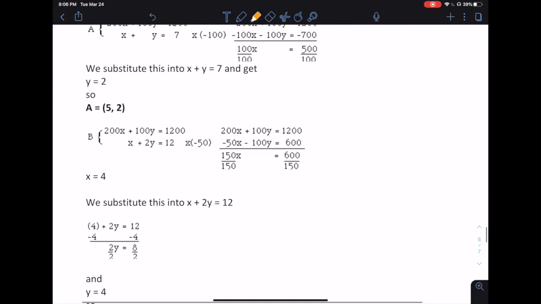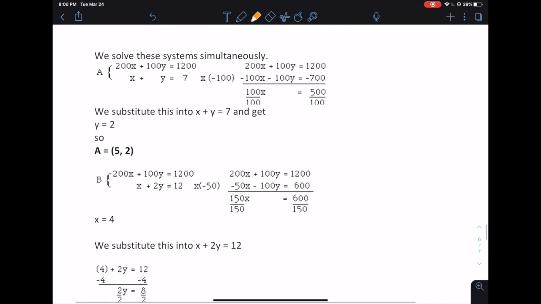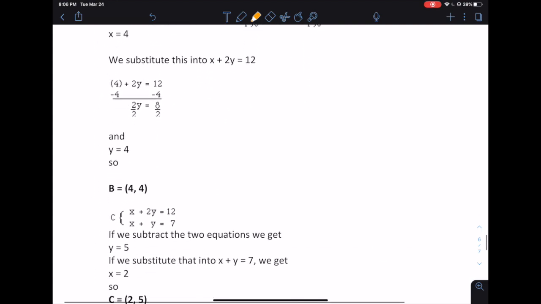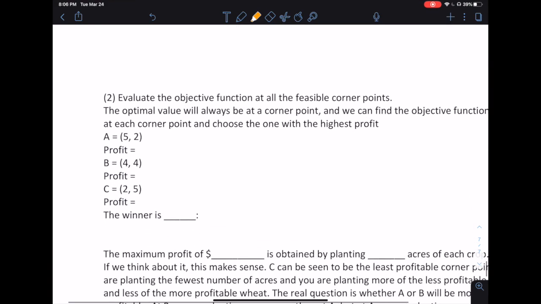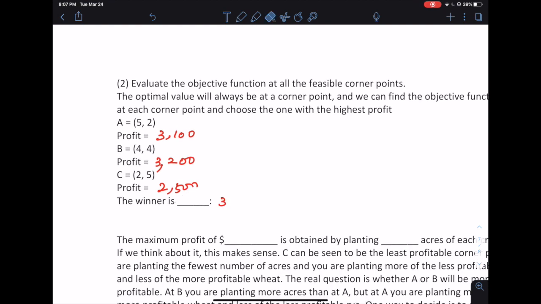In your notes, there are some details on how to get each of these corner points. And here we can summarize this: profit for A is $3,100, profit for B is $3,200, and the profit for C is $2,500, and the winner is B, and the profit is $3,200.